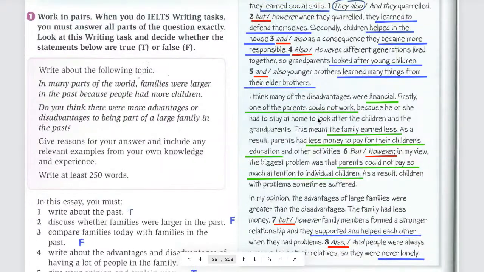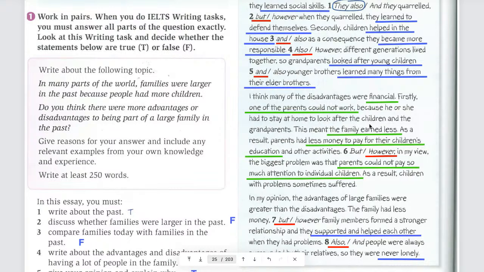Now, the next one, the third paragraph, I think many of the disadvantages were financial. Bao, can you tell me the meaning of this? So by reading this, what can I expect to see in this paragraph? All right, stop. Tell me. This paragraph, you can see money.